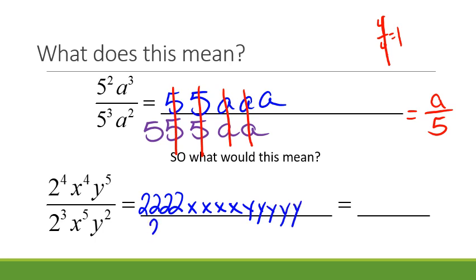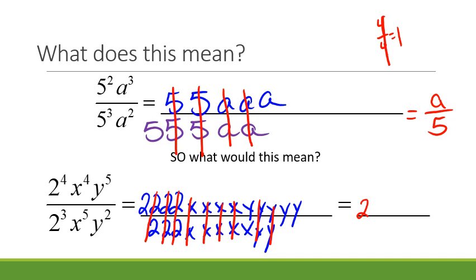I would have 3 2's on bottom. I would have 5 x's on bottom. And I would have 2 y's on bottom. So if I go to cross off, I can cross off. This would be 1, 1, 1, 1, 1, 1, 1, 1, 1. So let's see what I have left over. I have a 2 left over on top.